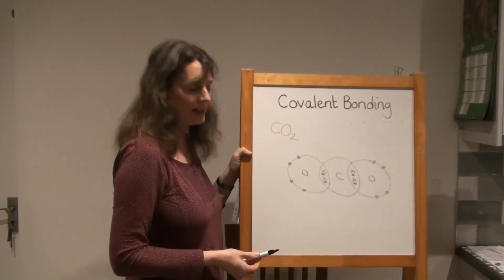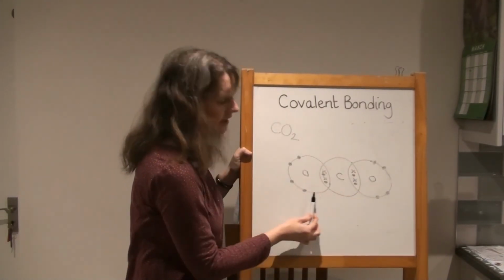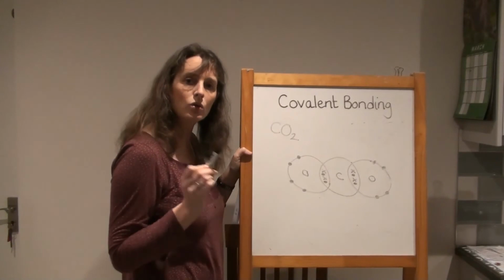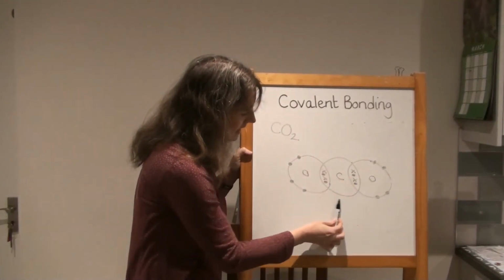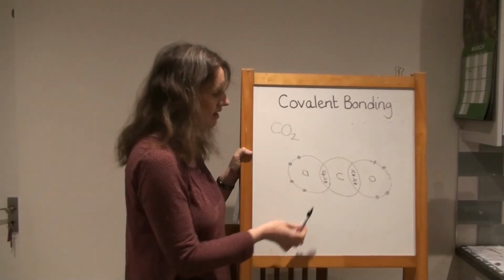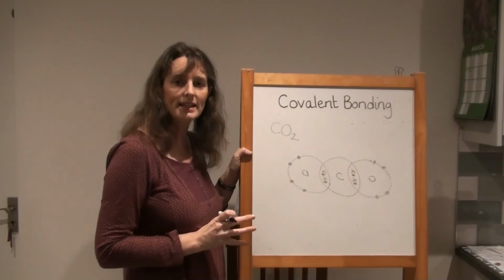Do check, please, that you have remembered to include the non-bonding electrons for the oxygen, and also double check that you have not put any electrons in this space around here. For some reason, students often repeat electrons.